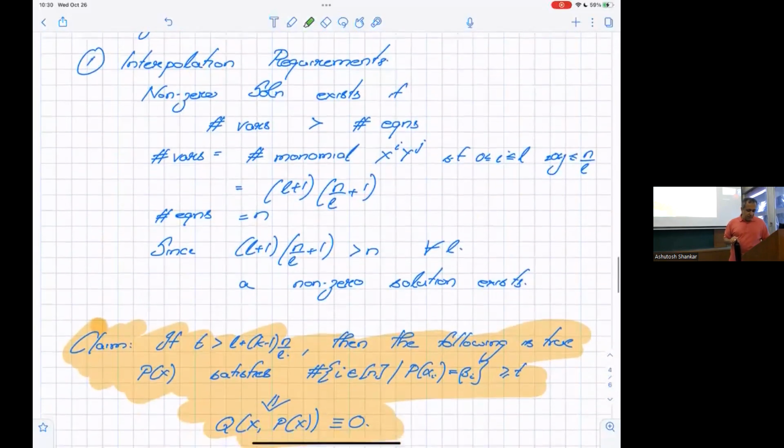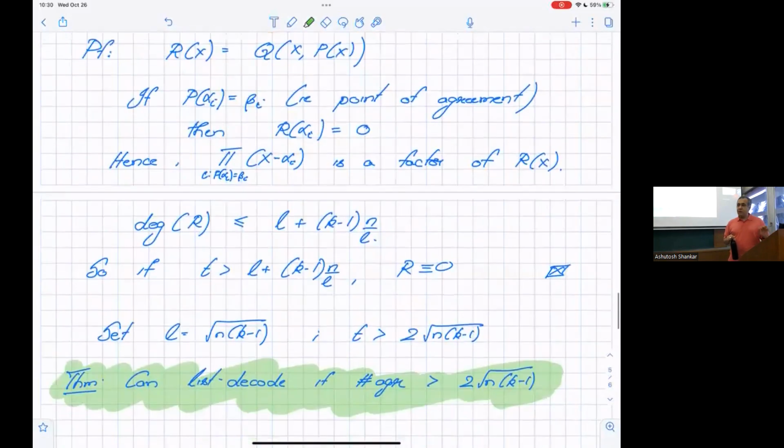If it was a Johnson bound, you know that square root nk is always greater than n plus k by 2. The geometric mean is always smaller. It's not clear that this number is better than n plus k by 2. There will be settings for which this is actually worse than n plus k by 2. It just says that there is a certain setting of n and k for which this one will be smaller.